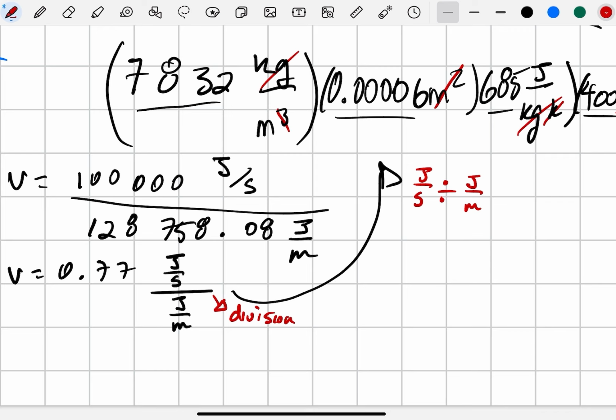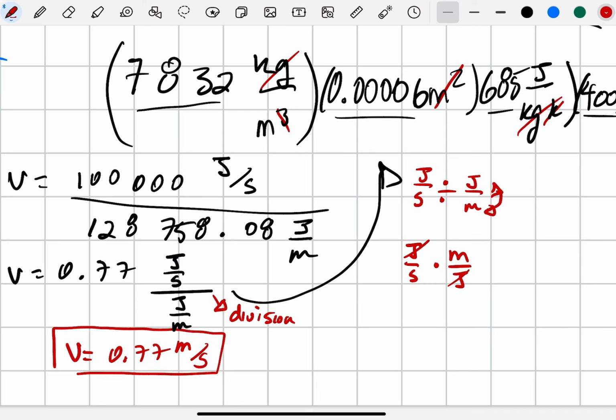So I'm gonna rewrite it like this. Now I can't divide fractions, so I'm going to change the division to multiplication. If I do that, I need to take the reciprocal, and when that happens, my joules cancel out, and I'm left with meters per second. So my speed is actually 0.77 meters per second, and that's the answer. Okay, hope that helps.